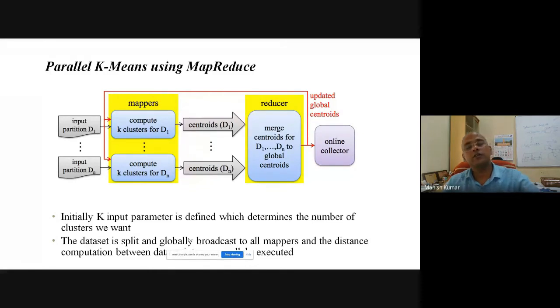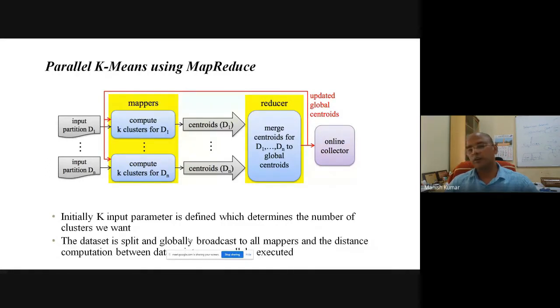Then whatever k-means will go for the first iteration. It will generate the first set of clusters, and data points will be mapped in those clusters. Obviously, all the terminals will generate different data points for different sets of clusters. Now, when you move to the next iteration, certainly we have to merge the centroids to generate the global centroids.